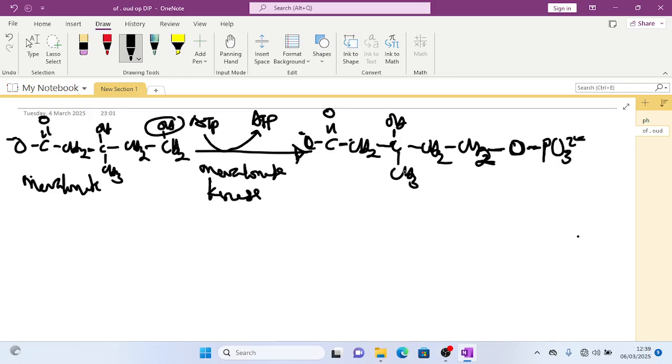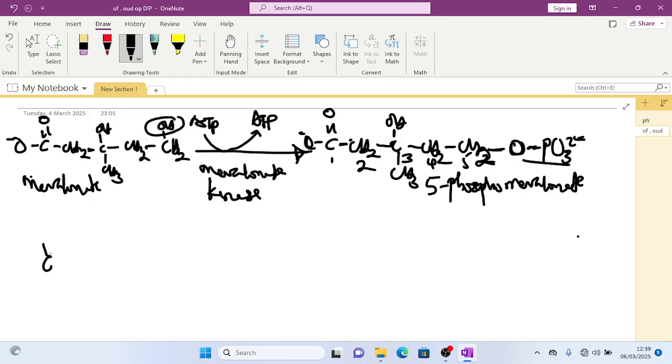What do we call this? This is carbon 1, 2, 3, 4, 5. And the phosphate group is on carbon 5, so we call this 5-phosphomevalonate.